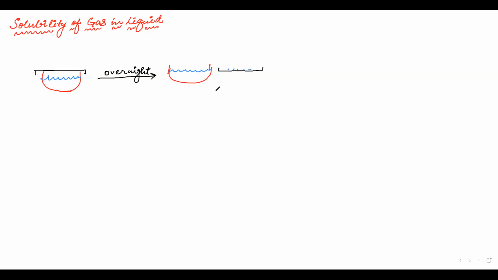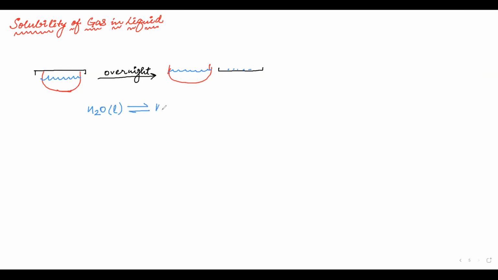Yes, sir. Okay, that means there is some kind of equilibrium going on here. What kind of equilibrium? H2O in liquid state is in equilibrium with H2O in gas phase, as some is evaporating.